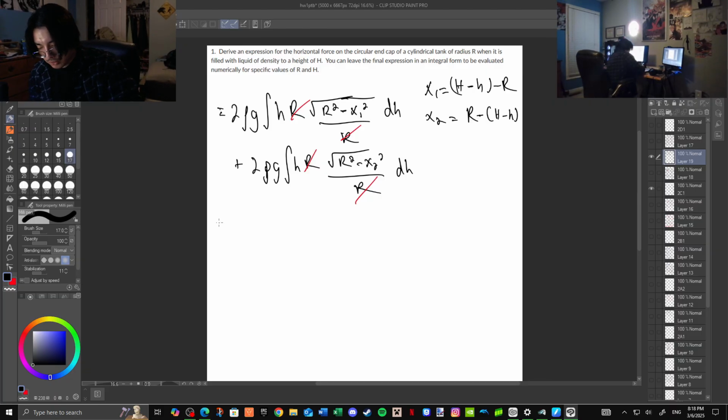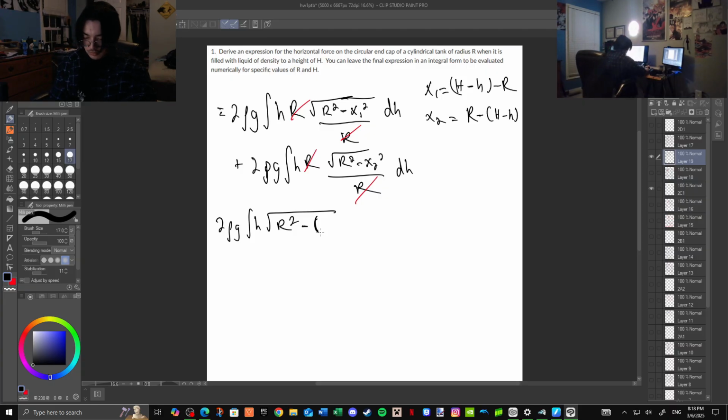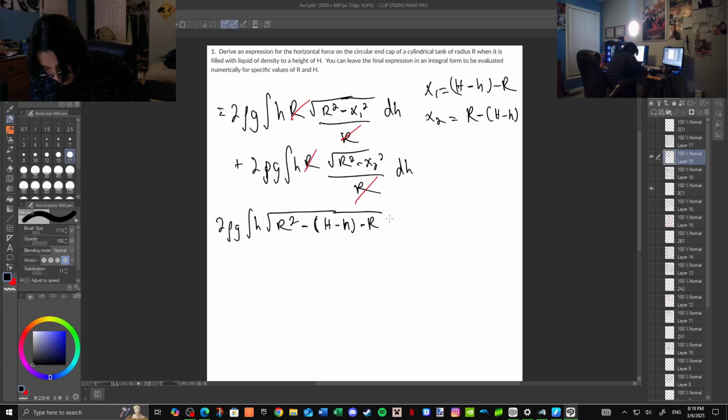So we can plug those values in. 2 rho g h times the square root of r squared minus x1, which is big H minus little h minus r, squared, dh. That's the top half.